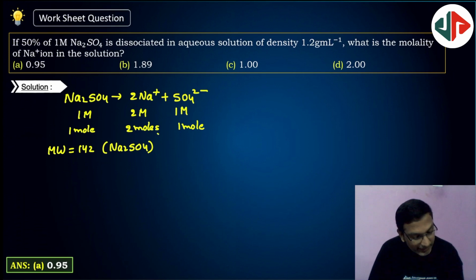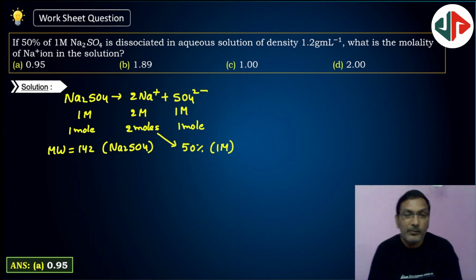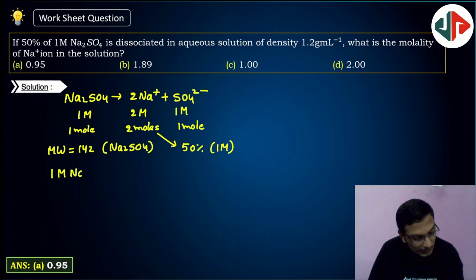Next, here we are taking 50% of 1 molar Na2SO4. That means 50% means we can take 1 molar. So actually from 1 molar Na2SO4 we are getting 2 molar Na plus, but here we are taking 50%, that means 1 molar. Next, 1 molar Na plus will be equal to 1000 ml.